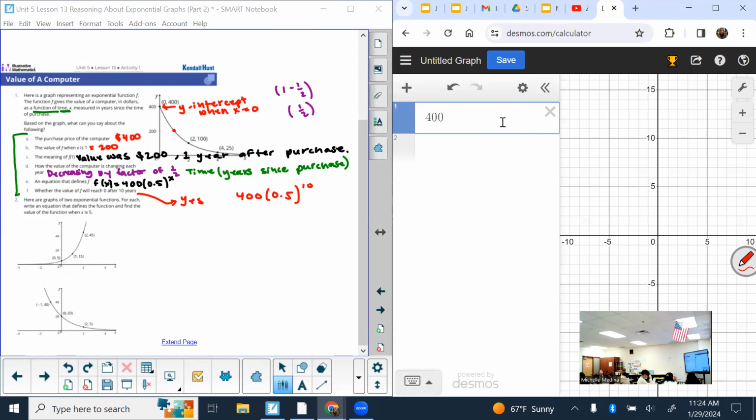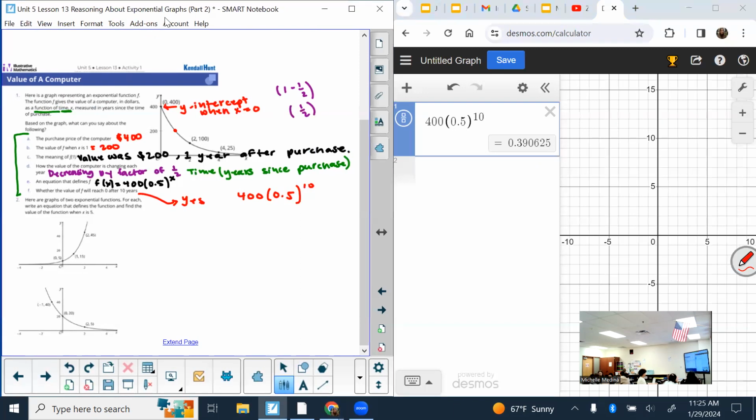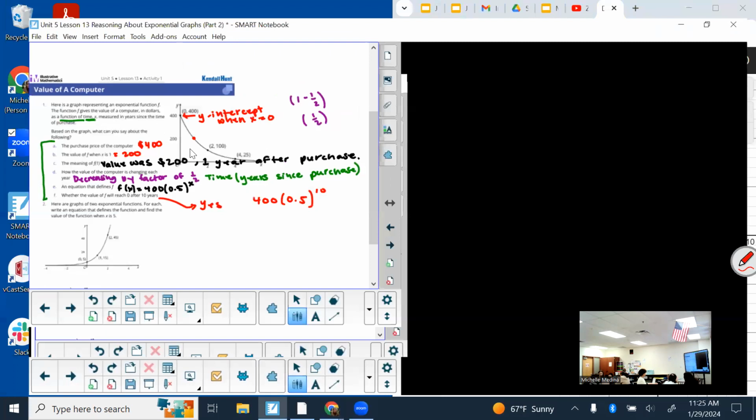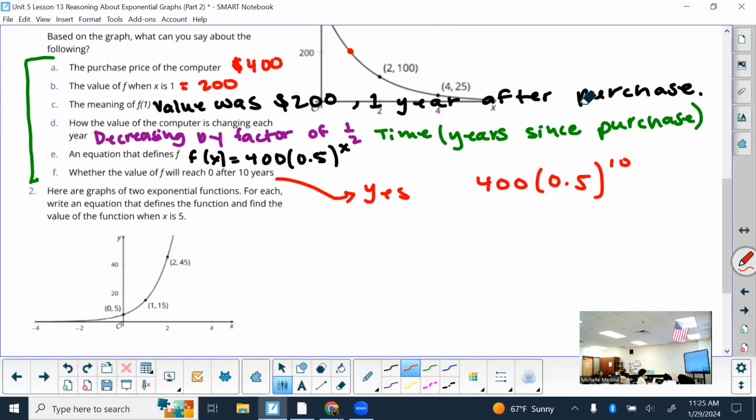All right, so 400 times 0.5 to the 10th power. Is that 0? If we round it to look like money, because we're talking about the value of something, how much money would it be worth? Like 39 cents. That's still something. So technically the answer is no. If you were looking at the graph, I could see how you think that.